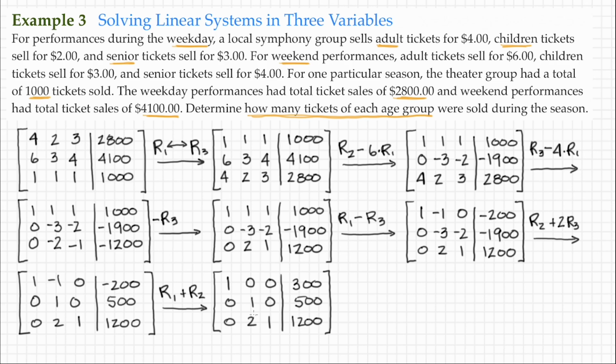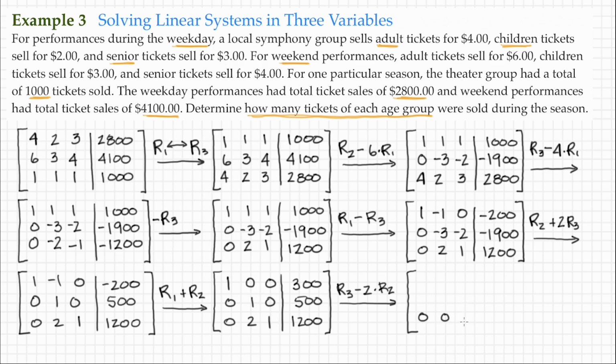So the last value to change into a 0 is this one right here. So we will take row 3 and we'll subtract 2 of row 2. Zero and 0, so we have 0. 1 times 2 is 2. 2 minus 2 is 0.